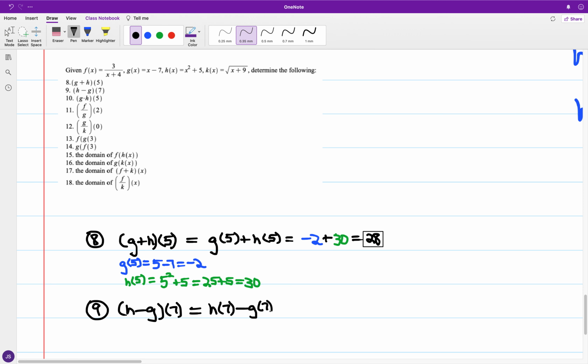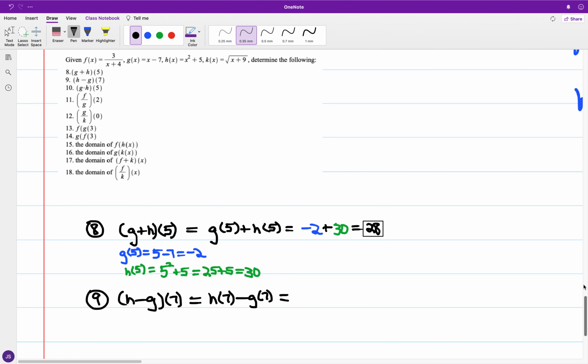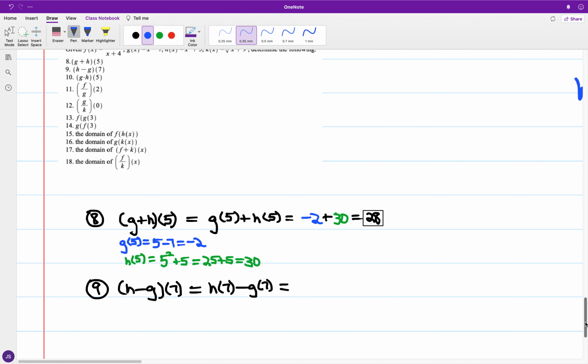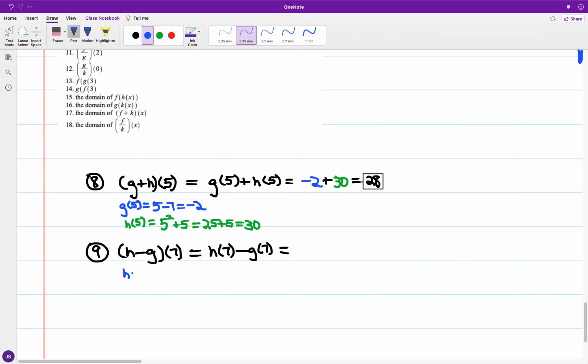Looking at the input values, for h of x you have x squared plus 5, and with x at 7 we have 7 squared plus 5. 7 squared is 49, and adding 5, 49 plus 5 is 54.